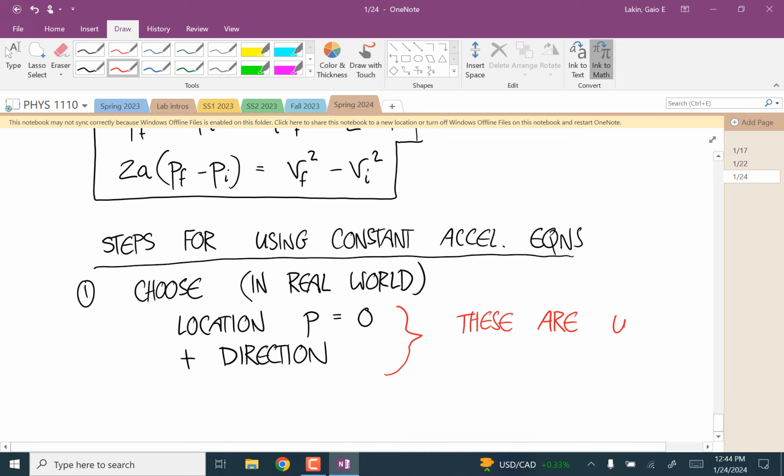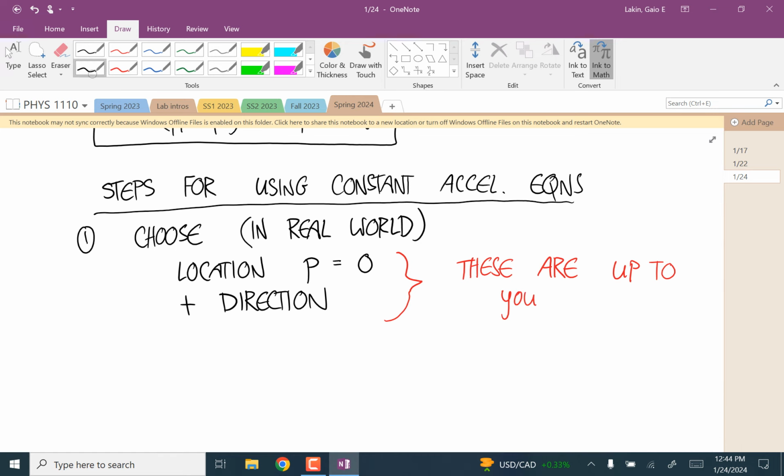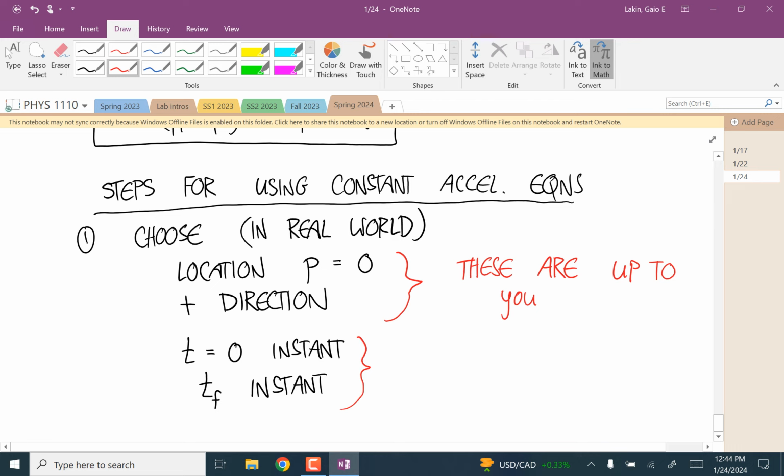So these are up to you. The other 2 choices you have to make are an instant when you're going to turn on the stopwatch, so that's the time equals 0 instant, and the instant that you're going to turn off the stopwatch, so that's the time final instant. And these are almost always either you did it right or you did it wrong.